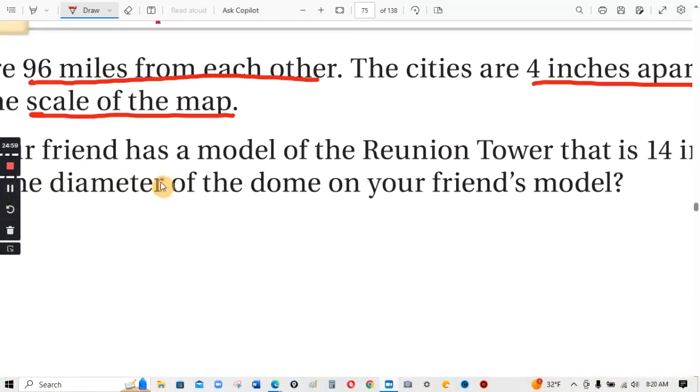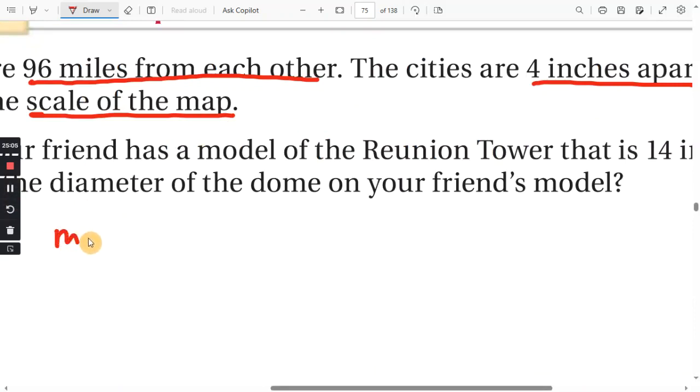All right, so usually we put the blueprint or the model or the map in the numerator. So I'll put the map in the numerator, and I'll put the actual distance in the denominator. All right, on the map, the cities are 4 inches apart.